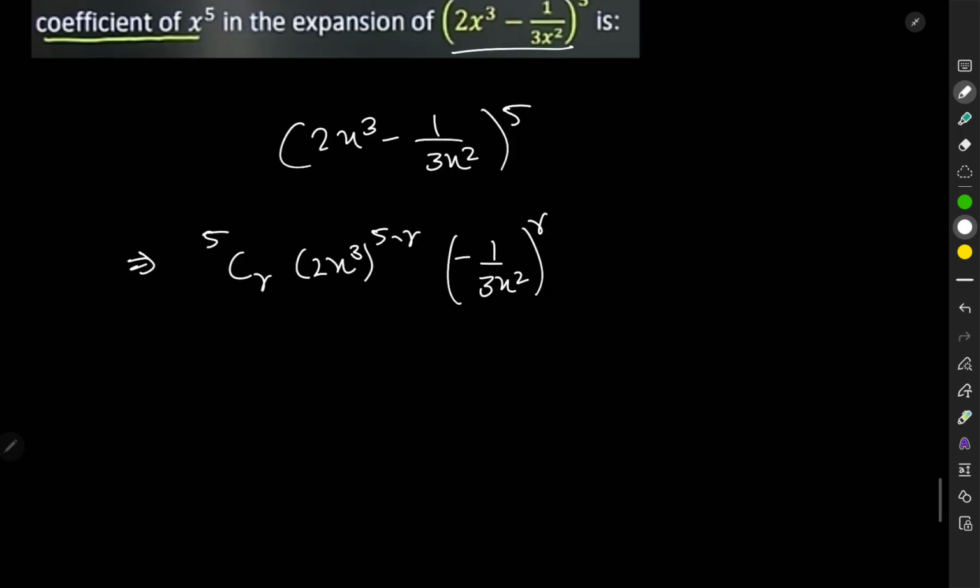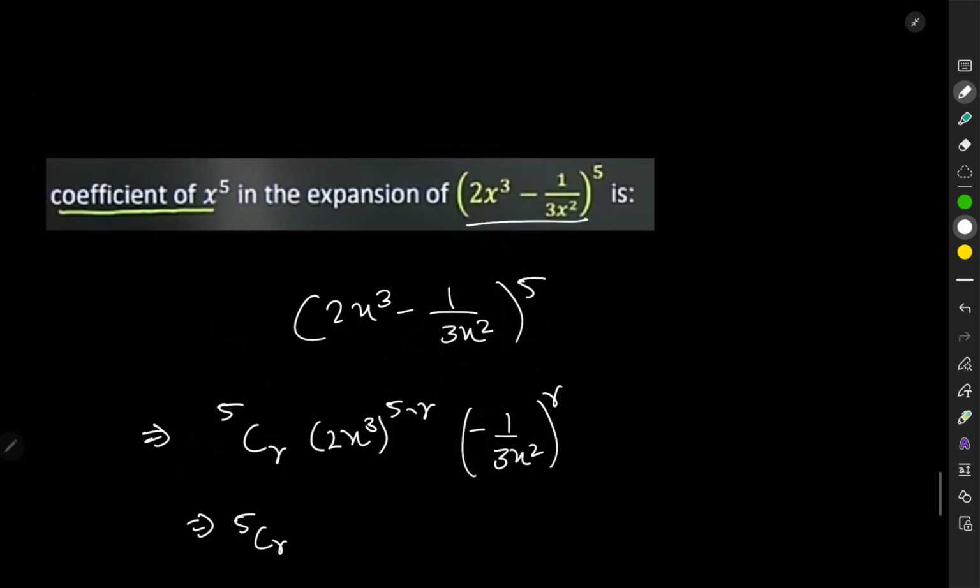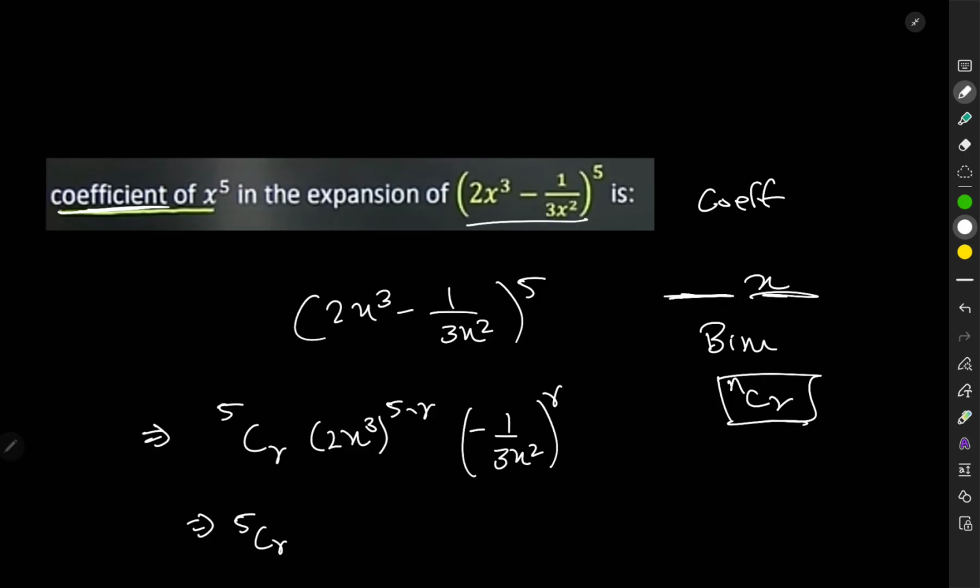So take the x terms, and I wanted to tell you that a coefficient is the entire term that comes in front of a variable, whereas a binomial coefficient is that nCr. You must understand that difference, okay?